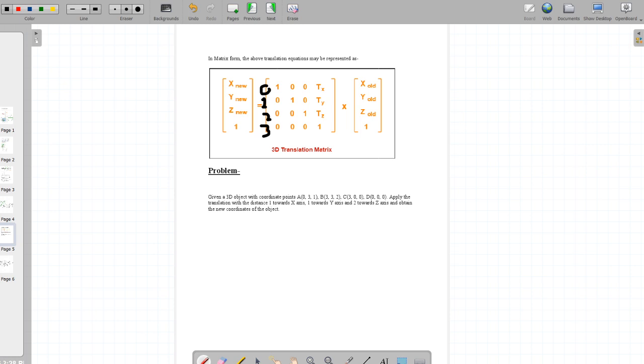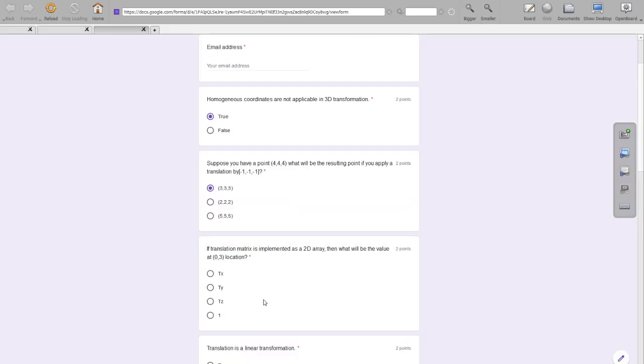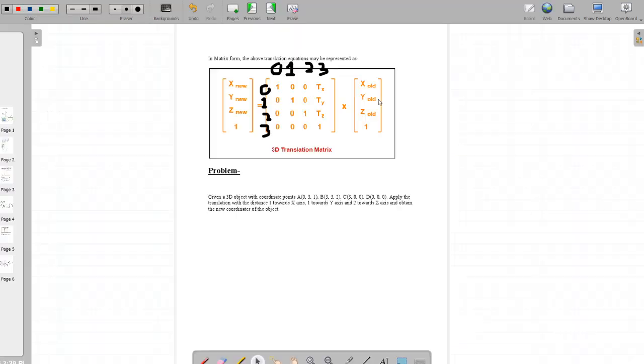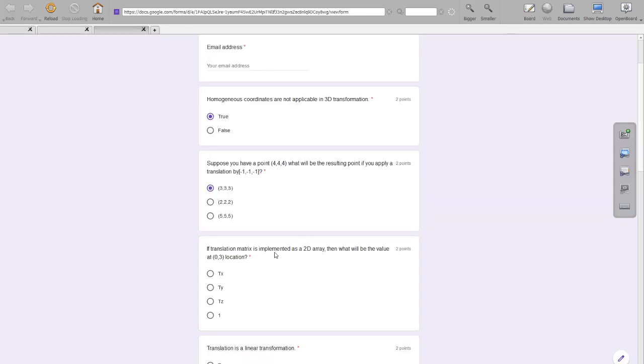That means we have subscripted the rows. Next we will subscript the columns 0 1 2 3. Now the question is asking for the value at 0 3 location, and at 0 3 location you have tx. So the answer is tx.